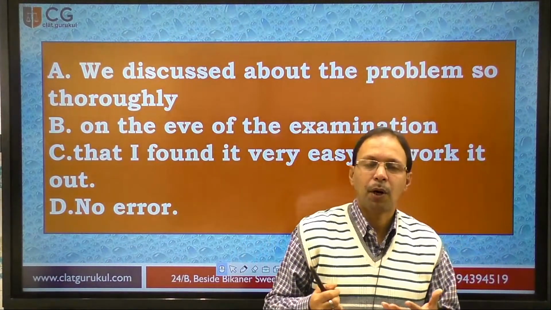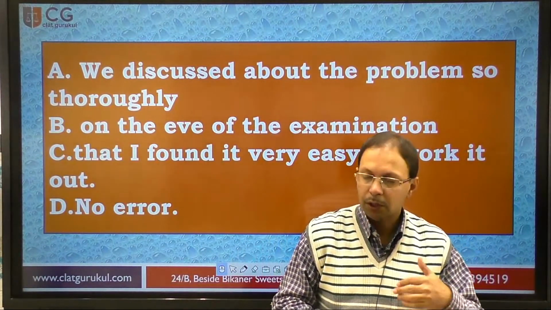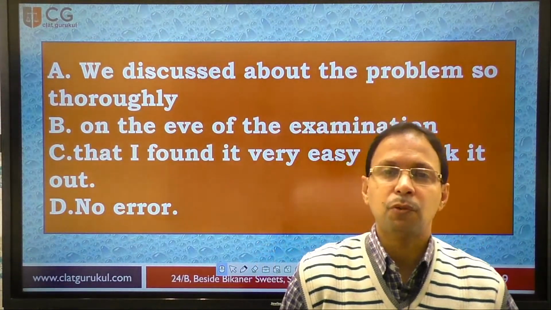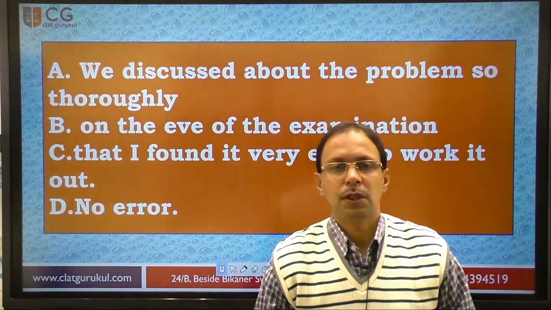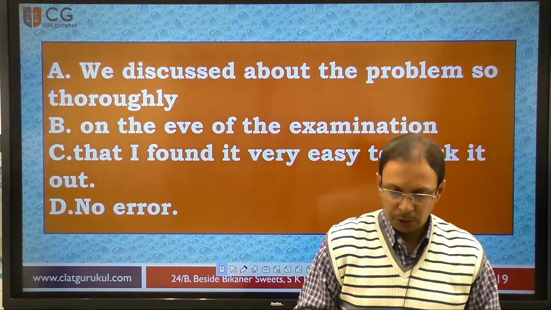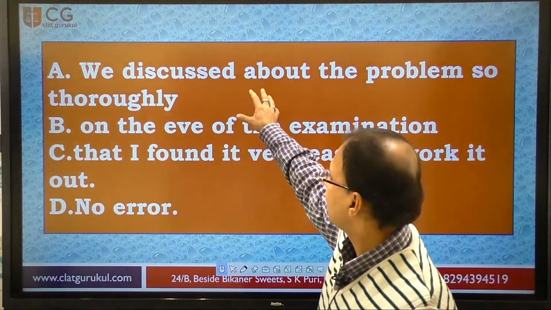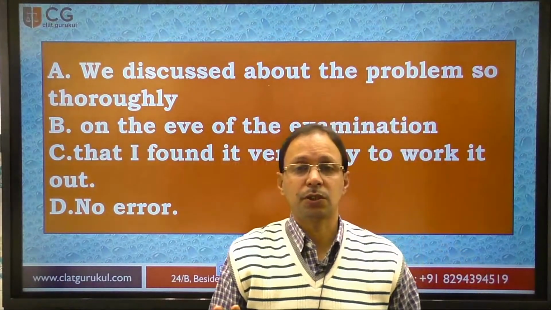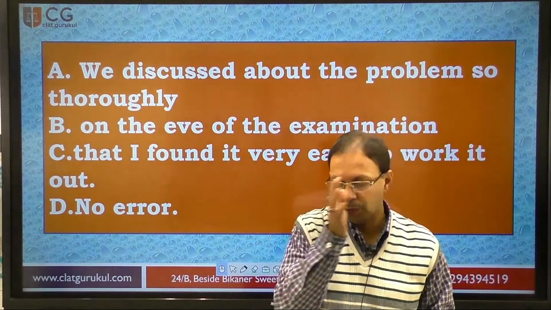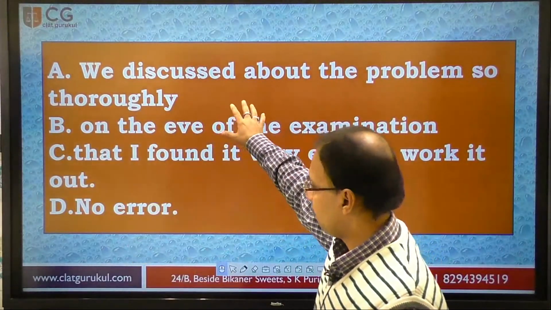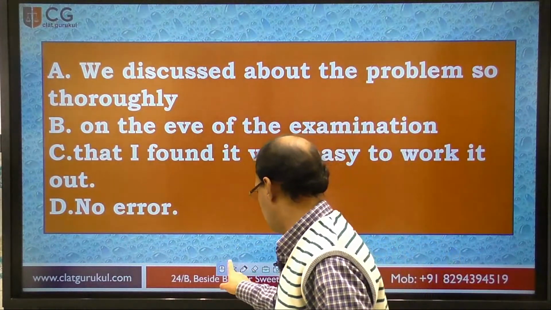Whenever you write or say the word discuss, the word about will be removed. It is not necessary, it is redundancy. So in this particular segment, the A part is wrong as it contains about after discussed, which is absolutely wrong. With discussed, the word about cannot be there, right? So in the A part, the error lies.